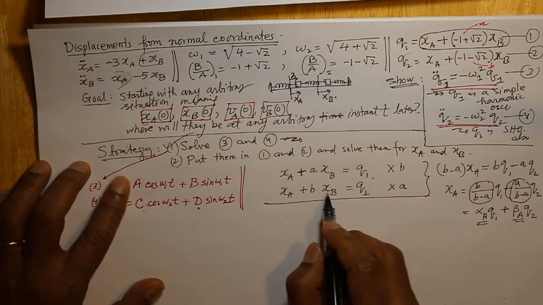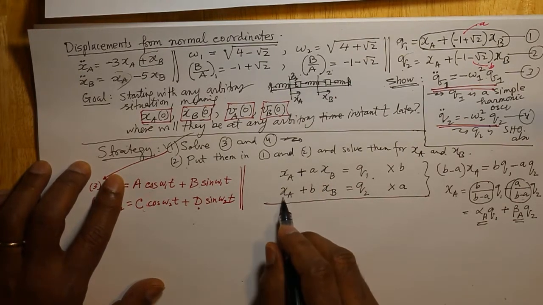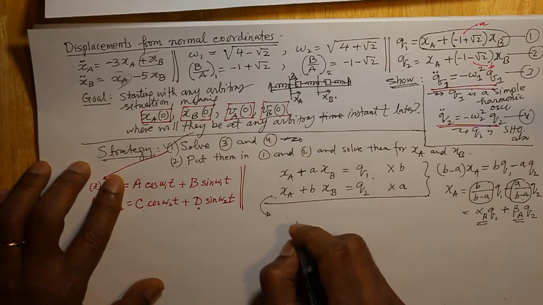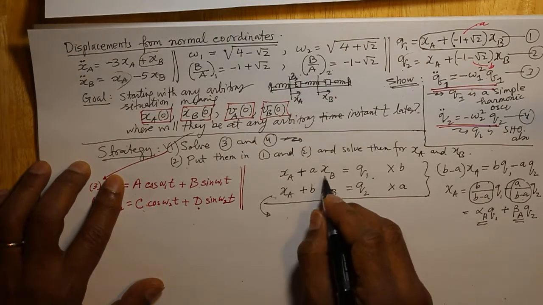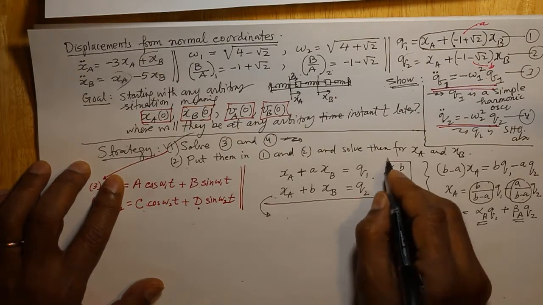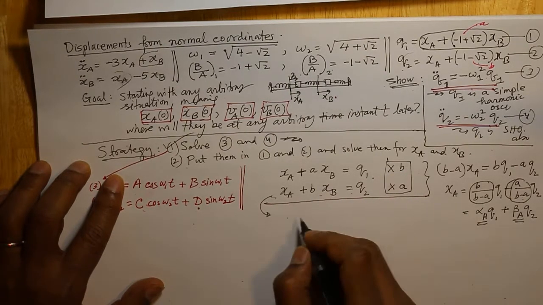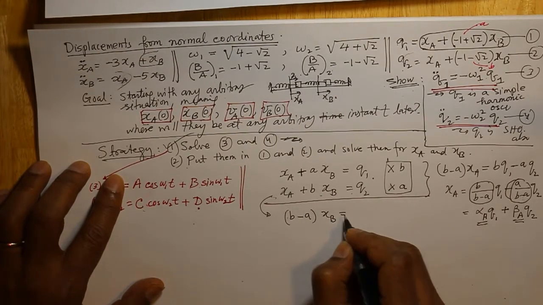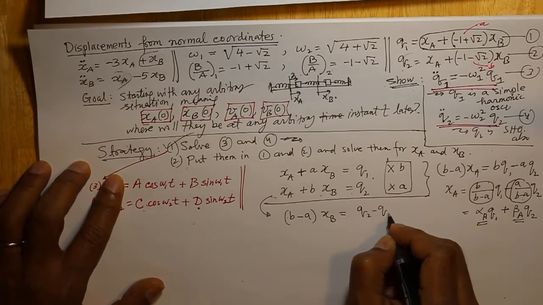How do I get xb? I'll just have to subtract xa. So let's say subtract this from here. So these terms are not there anymore. Subtracting, b minus a times xb will be q2 minus q1.